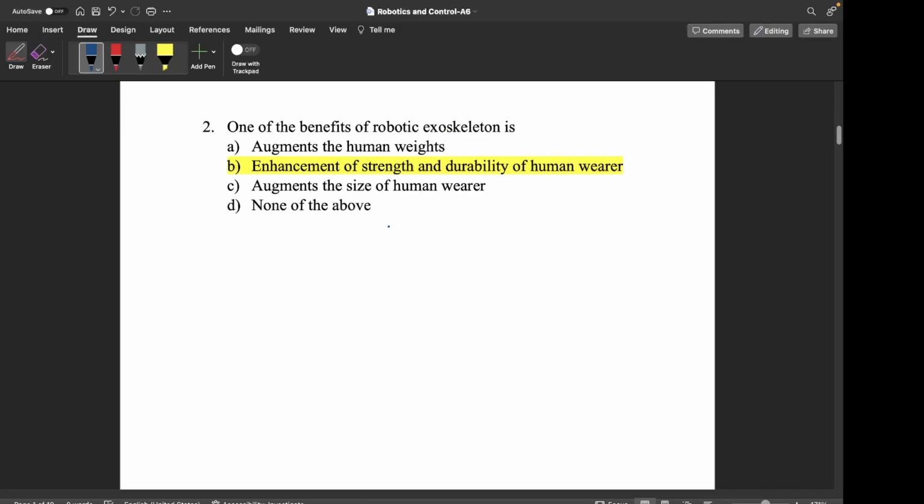So if we want robotic exoskeletons to be of actual help, then they should be lightweight, right? These are very obvious points. They should be lightweight, they should be comfortable to wear, because then only a person can wear it and work for long hours.